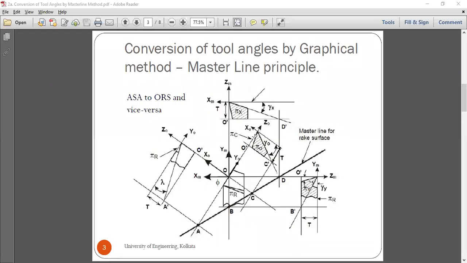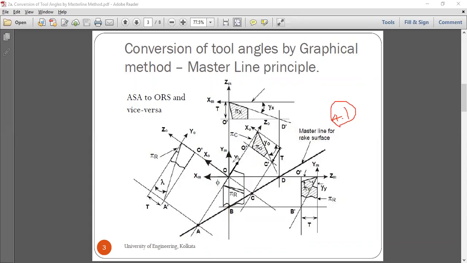The only reason is that here we are not converting the alpha angles. We are only converting the rake angles. Whatever angles are required to be converted, we are only drawing those angles. So this is the gamma x, this is the gamma y. I have denoted this figure as 4.1 because we are going to refer to this figure later on.